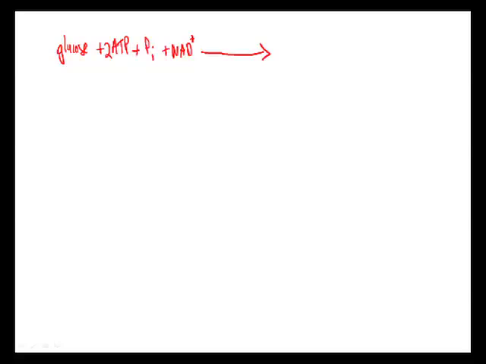And what do we get at the end? We get 2 pyruvates. We get 4 ATP, 2 NADH plus H plus.